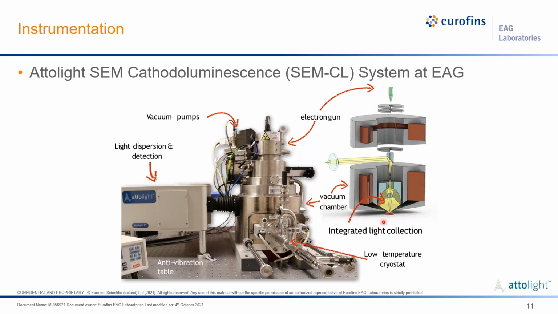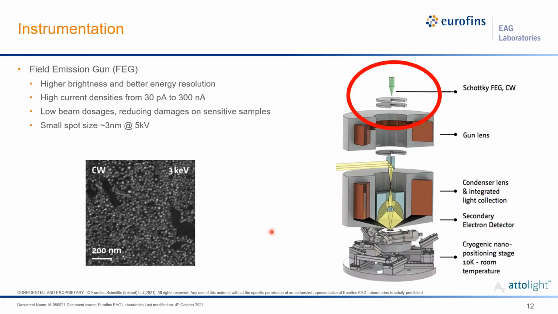This allows for optimization of the technique and is designed to be truly an SEM-CL instrument. And lastly, we have a low temperature cryostat, so we can very accurately control the temperature of our sample during the analysis, so we can understand something about the dynamics of the light generation within our sample relative to temperature.